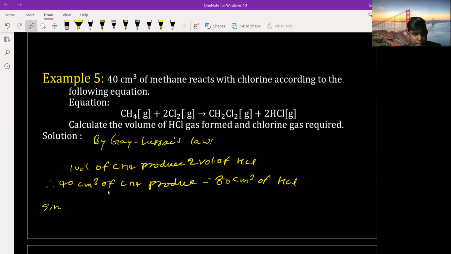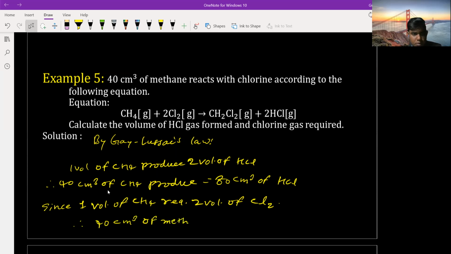Okay, since 1 volume of CH4 requires 2 volume of chlorine, so 40 centimeter cube of methane will require 2 into 40 equals to 80 centimeter cube of Cl2.